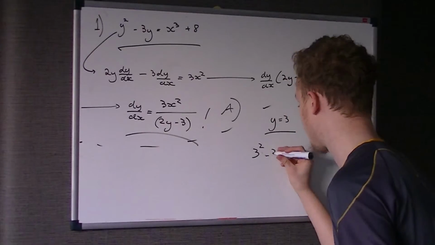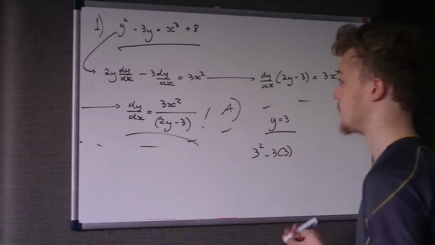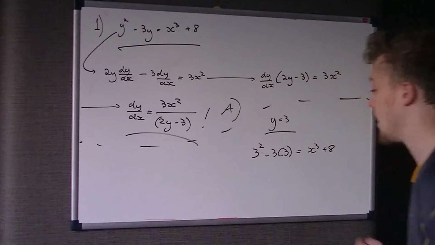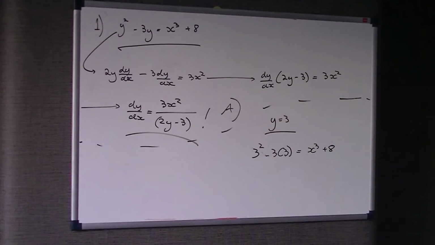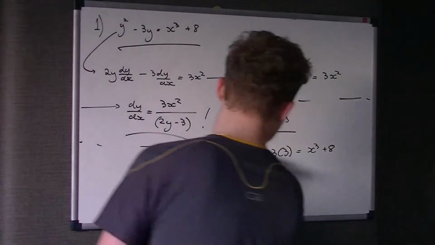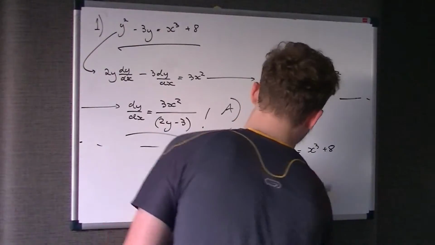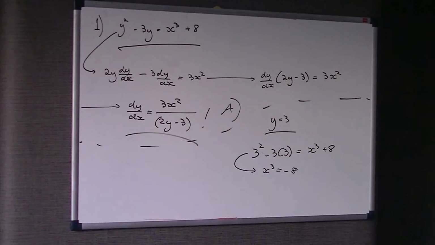So it'd be 3 squared take 3 times 3, which is the same thing, is equal to x cubed plus 8. Now quite clearly 3 squared take 3 times 3 is the same thing, so what we're left with is x cubed plus 8 is equal to 0, so x cubed is equal to minus 8. That's just rearranging. Then what you would do is cube root both sides.